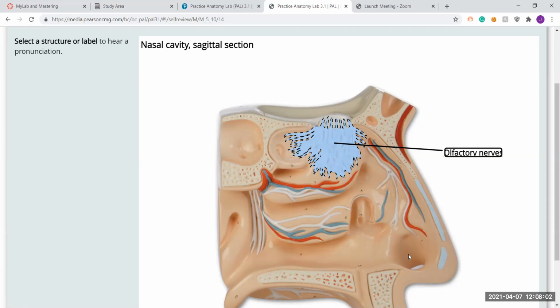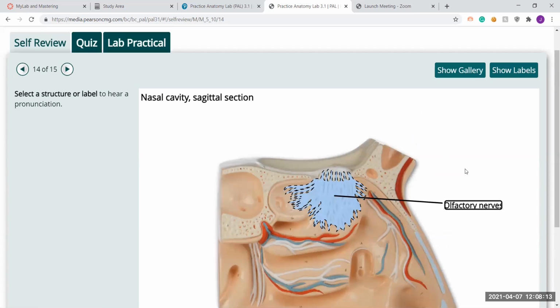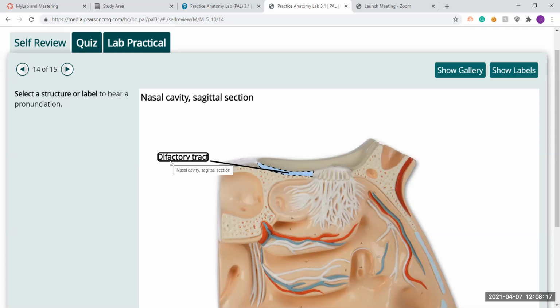When you sniff certain things, it comes here, and these chemical compounds depolarize these nerve fibers and you smell. Okay, so these are the nasal cavity and the smell.